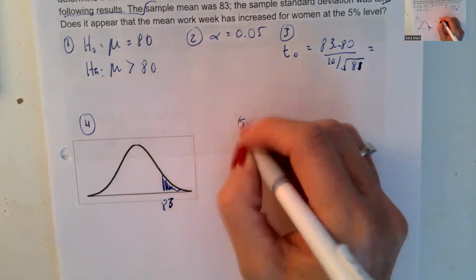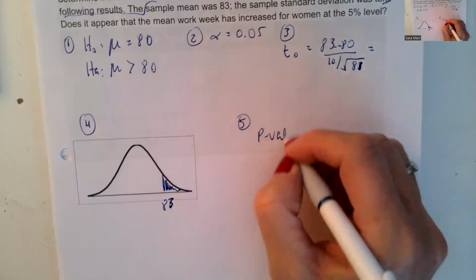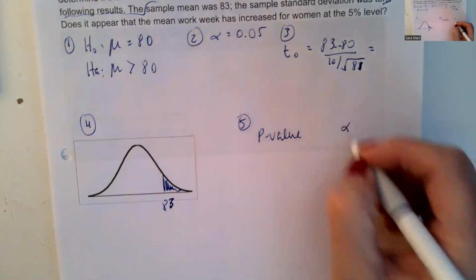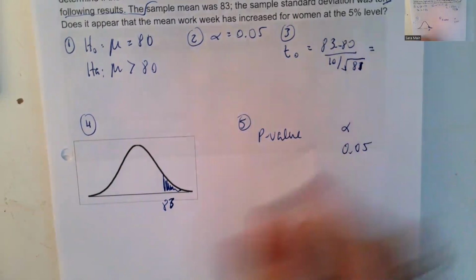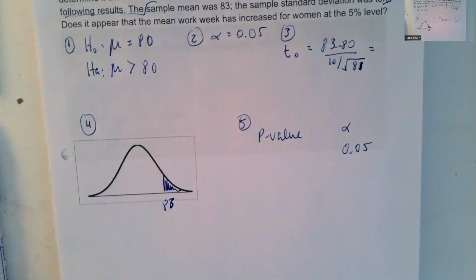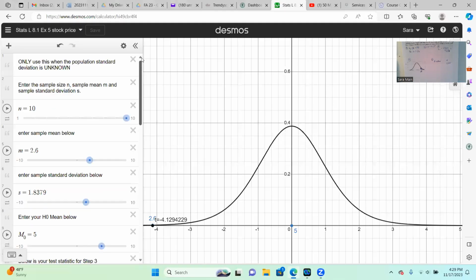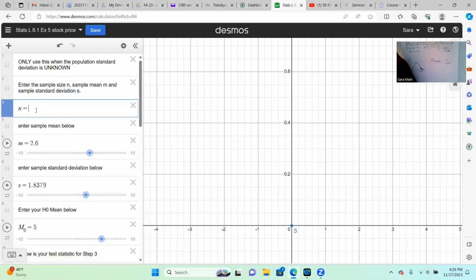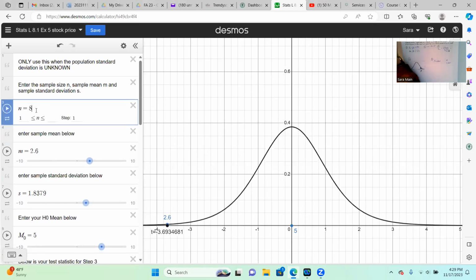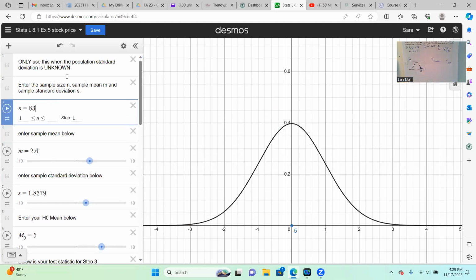So step 5 is our p-value on the left, always compared to alpha on the right. I'm going to show you the program again, because the program works every time. It's great. Sample size was 81.